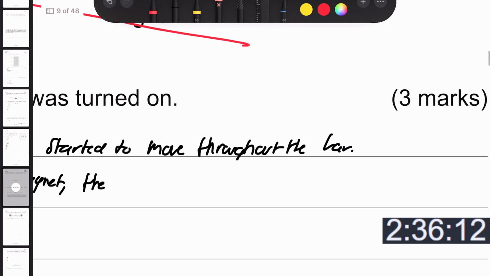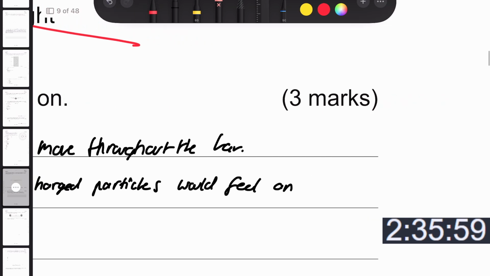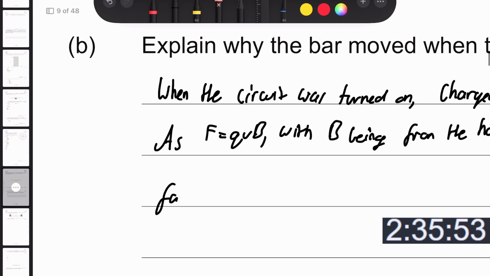These charged particles would experience a magnetic field and a magnetic force. Magnetic force on them.